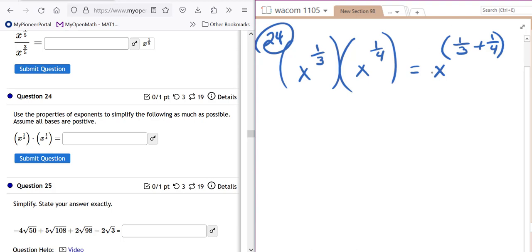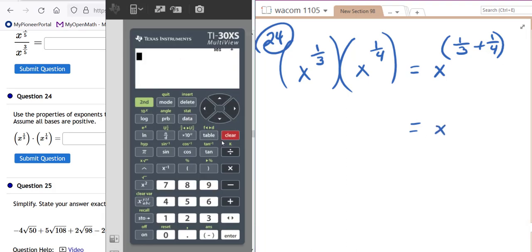And this is a little bit of work if you're going to do it by hand because you have to get the common denominator. So you do work on each one. I am going to just do it on the calculator. Your common denominator is going to be a 12. But we can do 1 fraction button, 3, plus 1 fraction button, 4, enter.